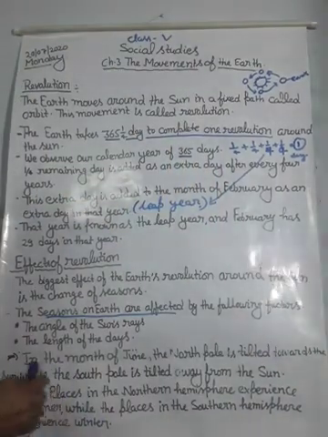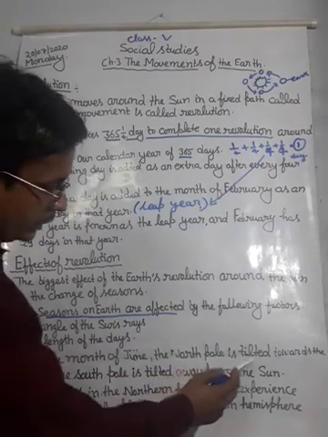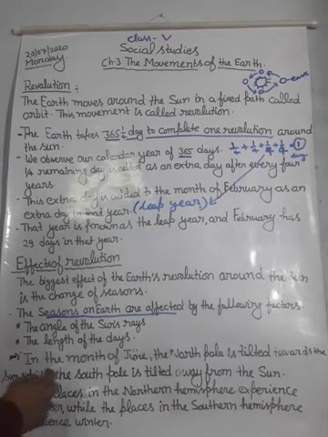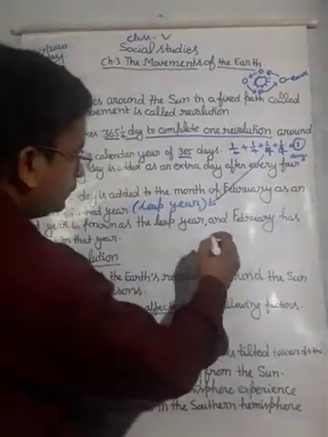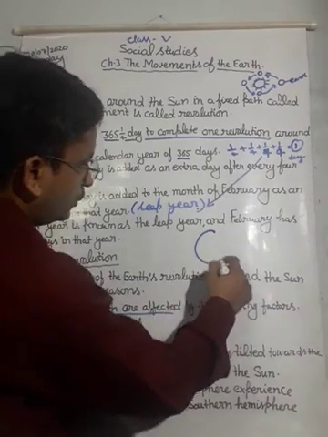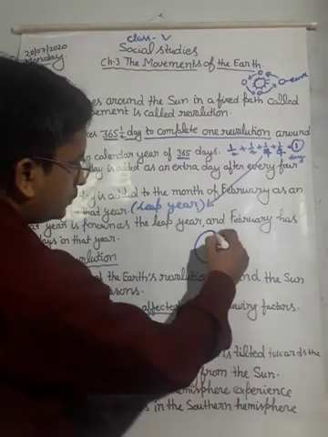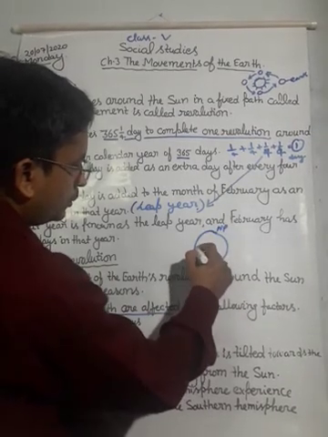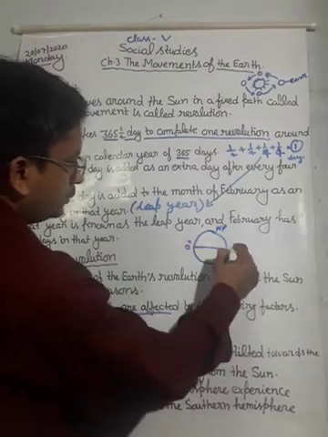So next is, in the month of June, the North Pole is tilted towards the sun. In the month of June, dear student, you can say it is the earth, North Pole, South Pole, and it is the equator, 0 degree.